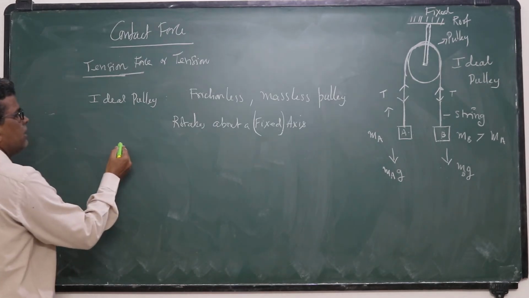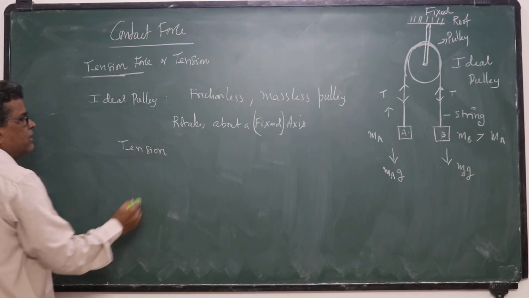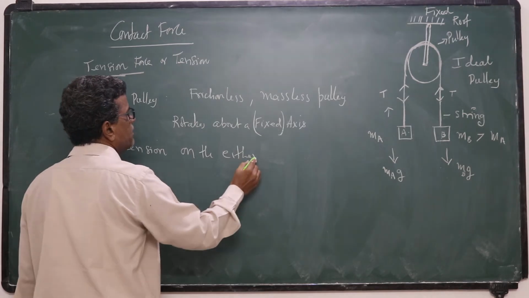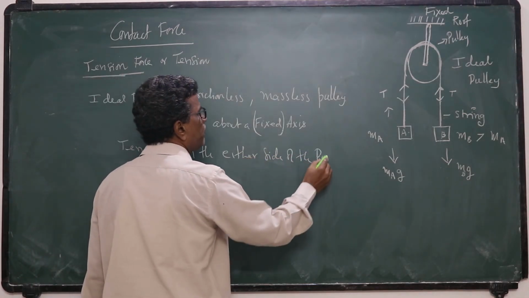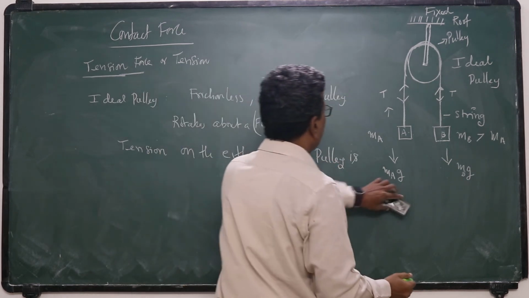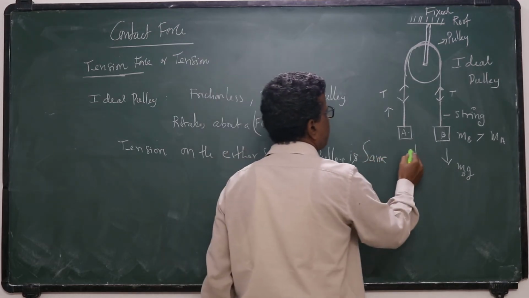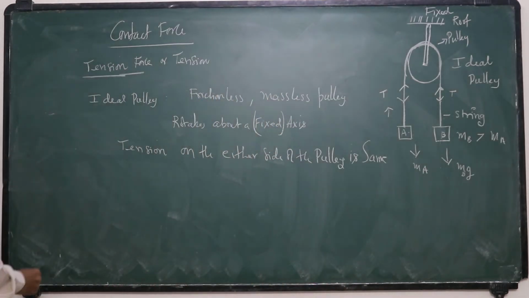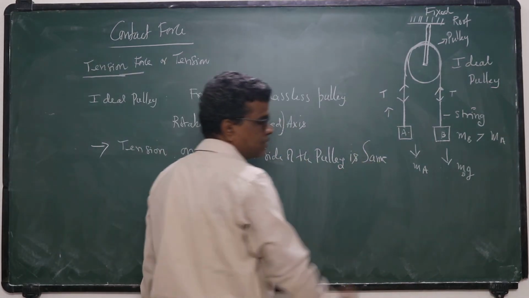For an ideal pulley, since there is no friction, the tension in the string on either side of the pulley is the same.